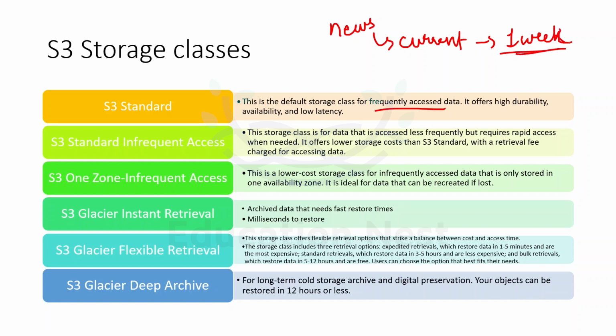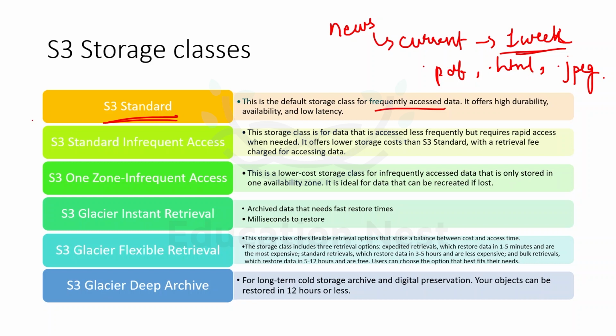This news would be frequently accessed and my users would want to read it, and we want the lowest latency possible for accessing it. At that time we would use the S3 Standard storage class. That news can be in the form of PDF, HTML, JPEG, anything. But anything that needs to be accessed frequently, where we need the lowest latency possible, highest durability and availability, we would go with S3 Standard.